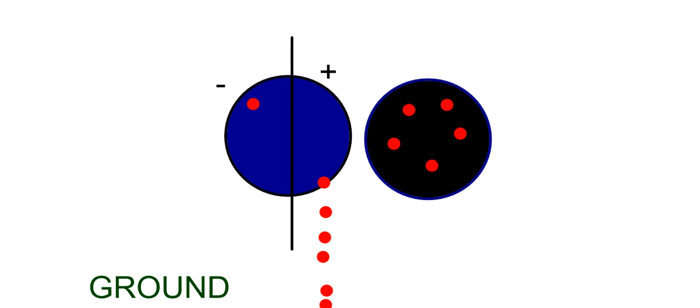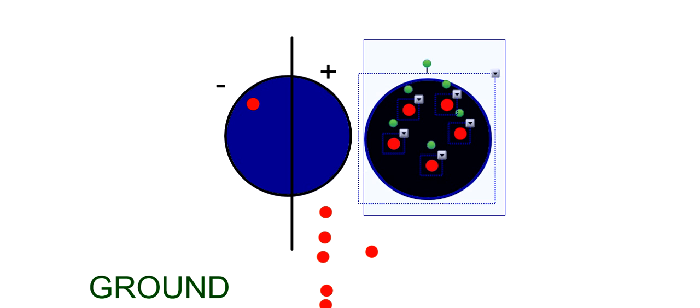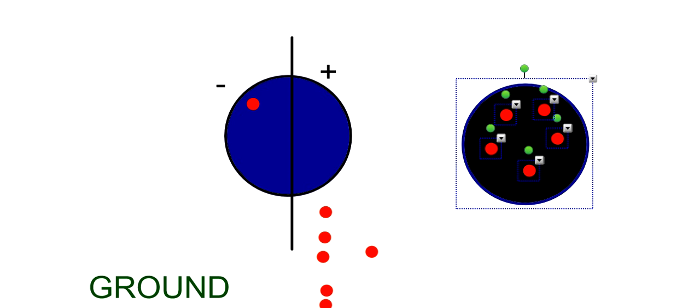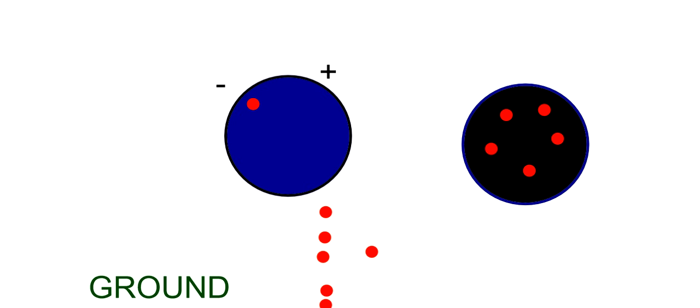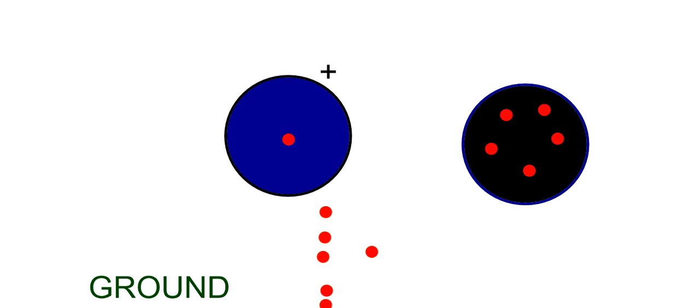Electrons are outside now. And when I separate these objects, this one is able to freely flow wherever, so I've created a positively charged object from a negatively charged object. These are the different charging methods, and you should be able to use these in these particle diagrams to help you with your next task.